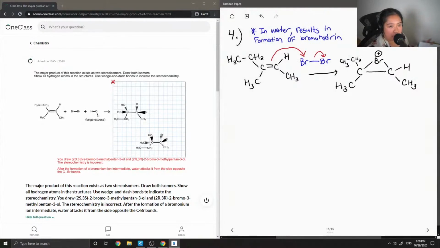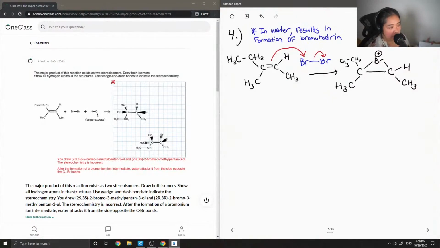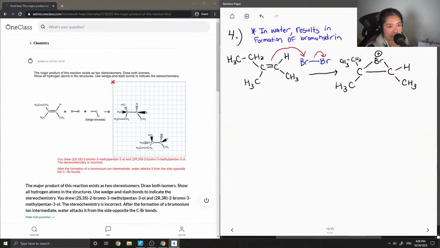Okay, so now this is what the bromonium intermediate is. It shows that the bromine is kind of blocking this whole side of the carbon. So since bromine is kind of blocking that side, when you have a water molecule come in, it's going to attack from the opposite end.